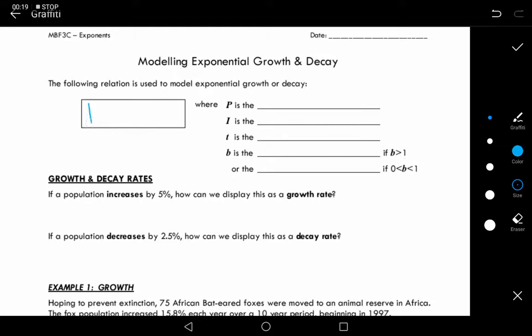That formula is P equals I times B to the power of T. P, in this case, is the population. I is your initial amount.